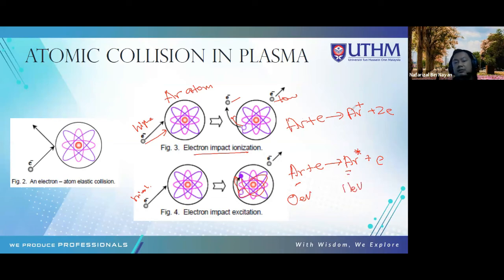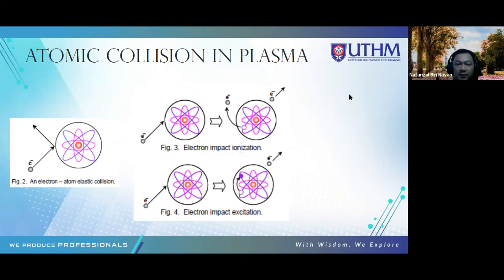For the argon to become argon ion is around 13 eV. I'm not sure if I remember it correctly. So it's around 30 eV, for example. You need 30 eV for ionization. But if the energy here is maybe only 11 eV, what will happen is that we just excite the electron inside the atom to another level. That's why we get argon at the excited state. So this is what we call electron impact excitation. This also occurs in the plasma.